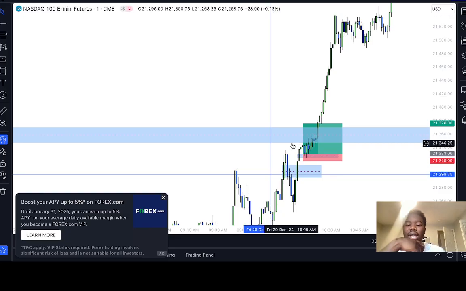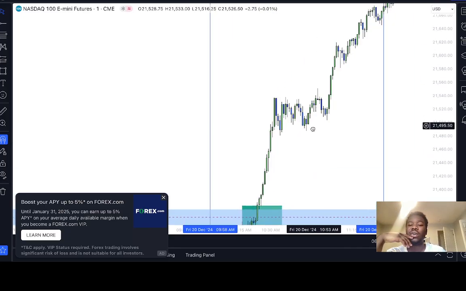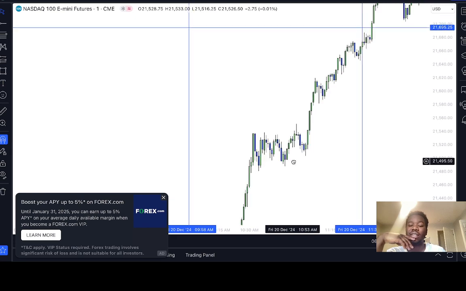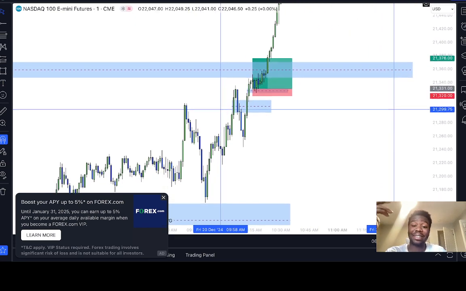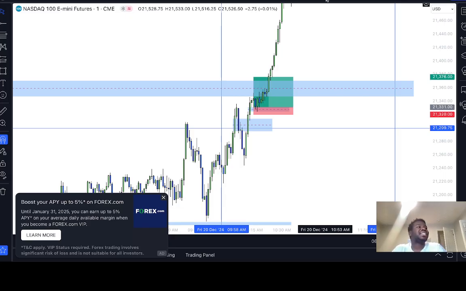Look at this. And I know what you're thinking. You're thinking, oh, but what about this whole move here? What about the whole move there? But don't think like that. The market is designed to have people in this casino gambly type of vibe, right? But the moment you think like that, you're going to lose. You're going to lose every time.